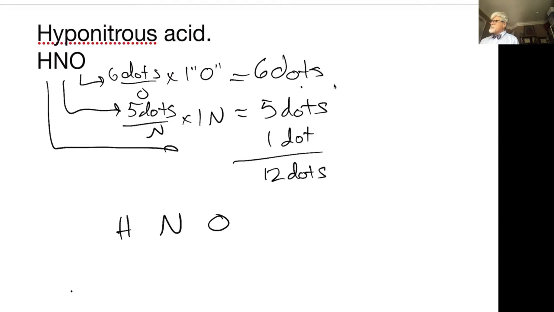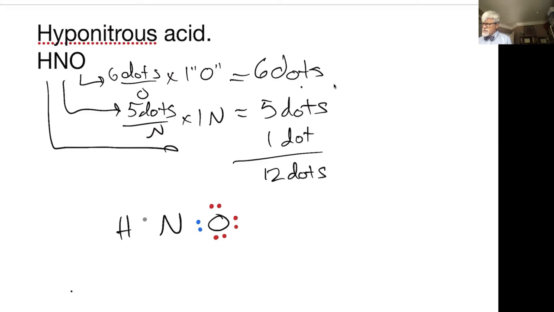Okay, so let's apply our rules now, where we are going to be adding our dots for oxygen. 2, 3, 4, 5, 6. I'm going to steal a couple from nitrogen, and I'm going to complete the octet on my oxygen atom. Okay. Now I want to add those dots from hydrogen.